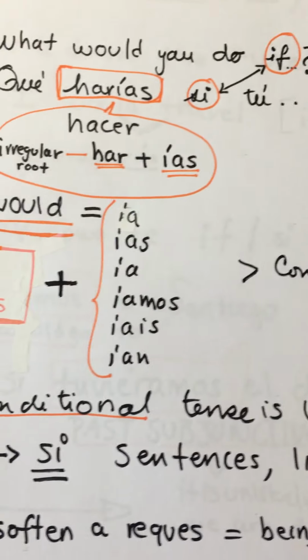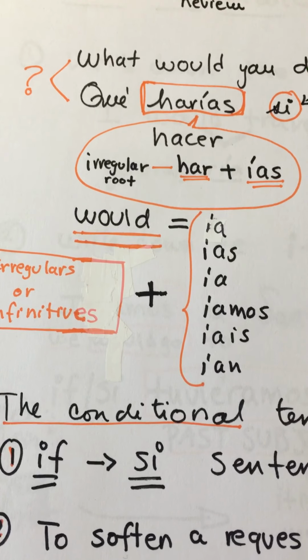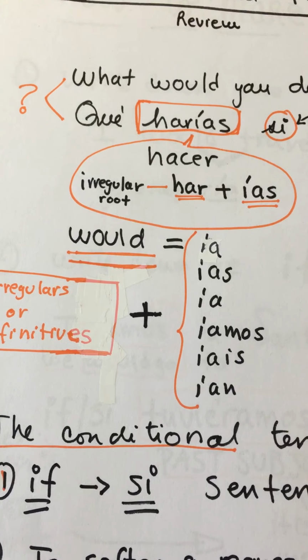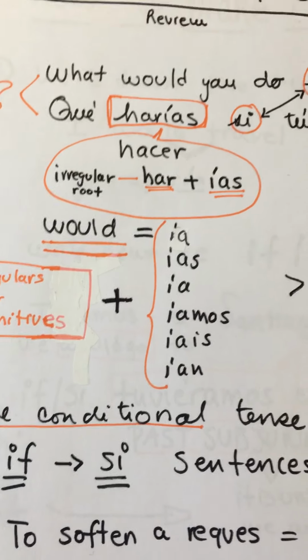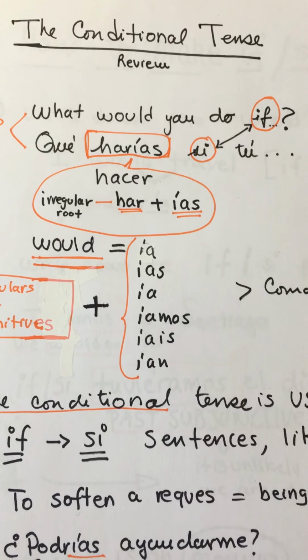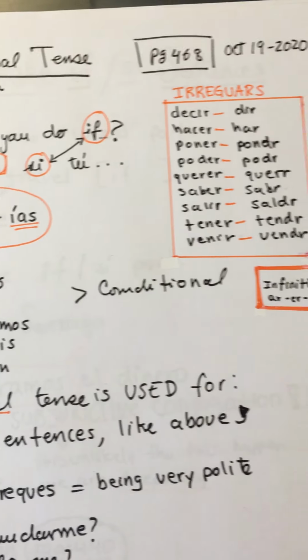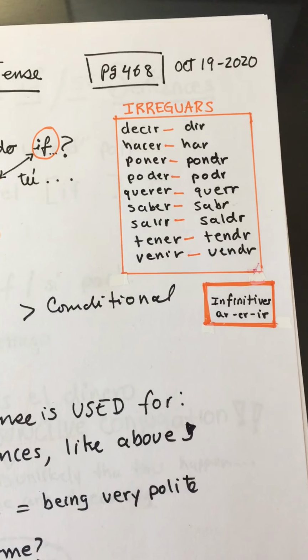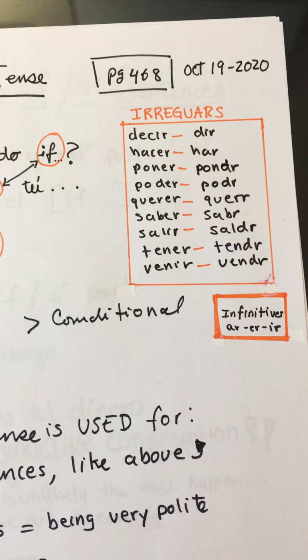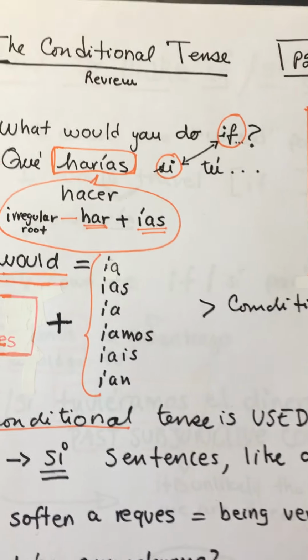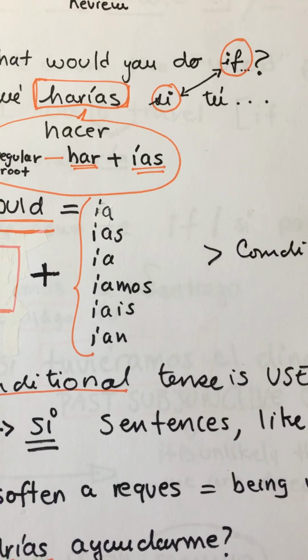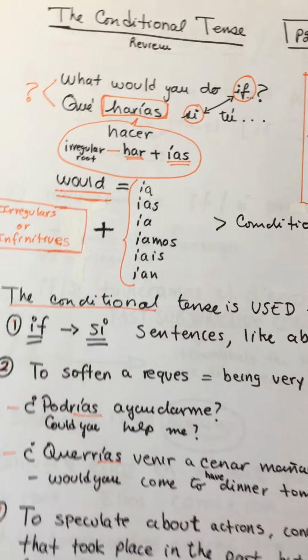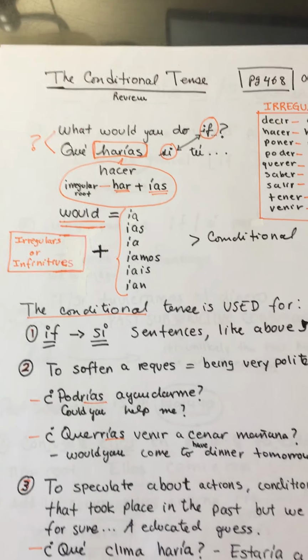That is the conditional form. The conditional is the equivalent to would, but this is how you make that in Spanish. We use the irregular roots of these verbs, the full infinitives plus the endings ía, ías, ía, íamos, íais, ían, and then you have the conditional sentence.